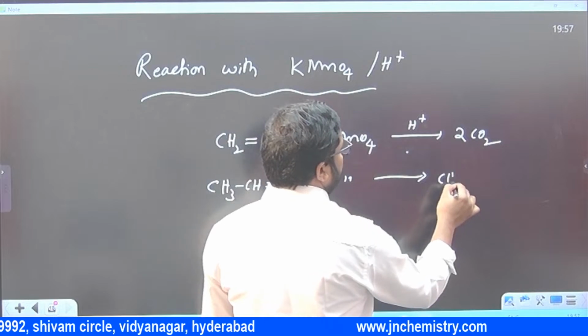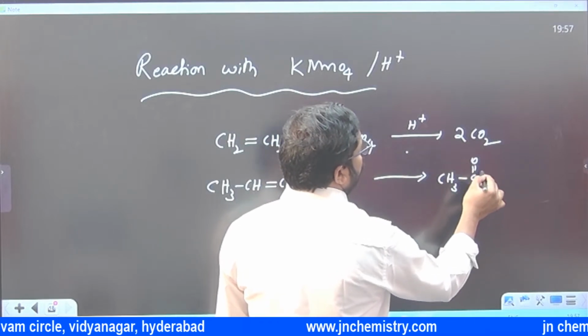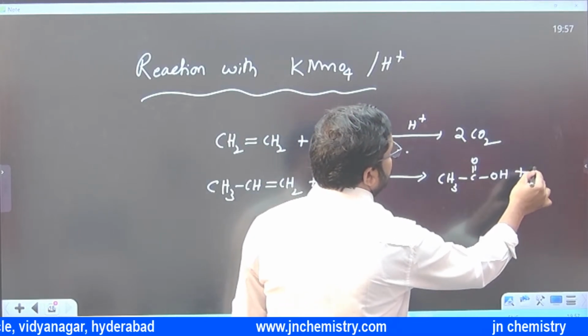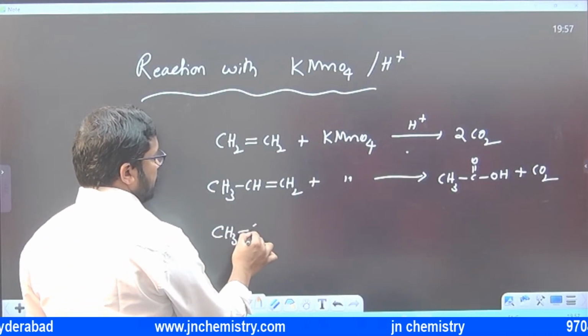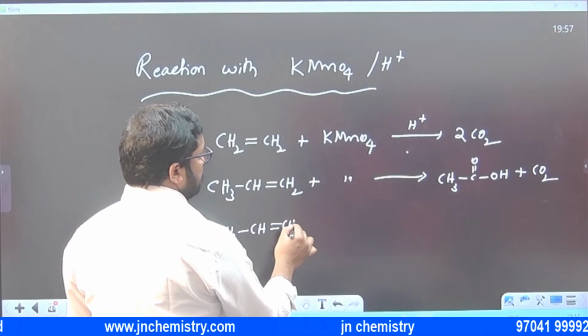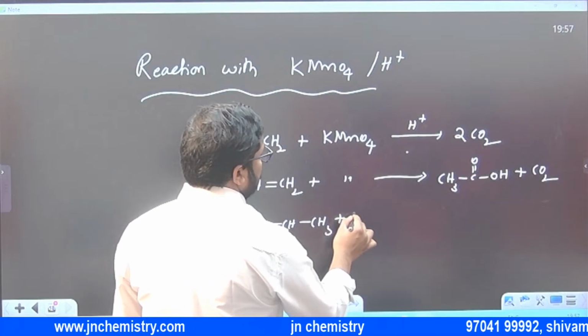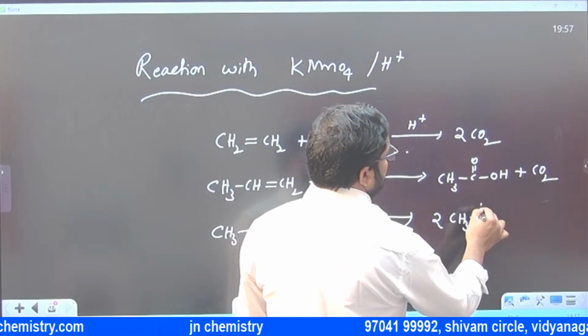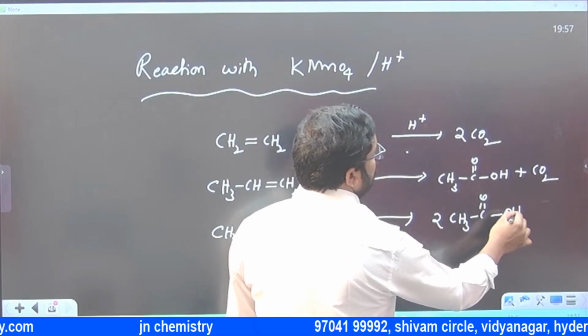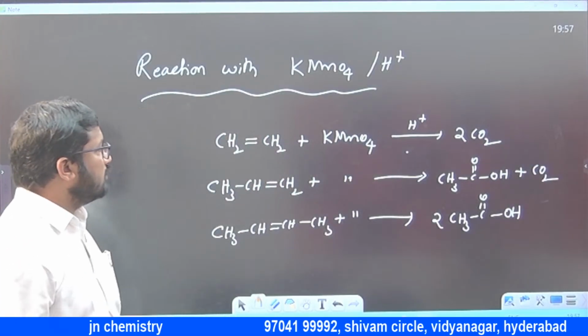Here is CH3, C double bond OH, carboxylic acid and CO2. CH3, CH double bond CH, CH3, so 2 moles of carboxylic acid. So first write it down.